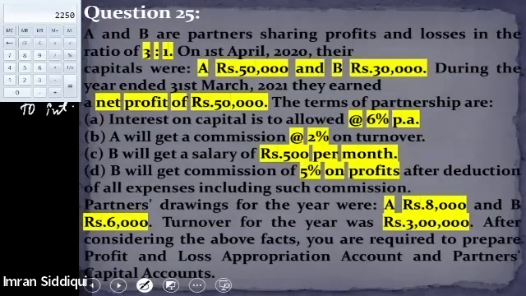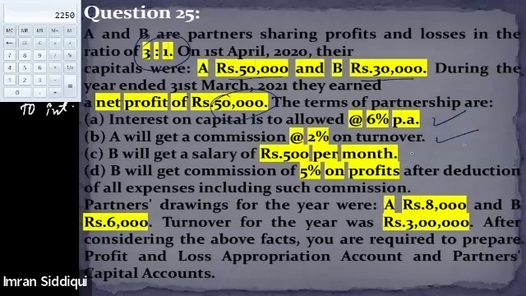Okay, now let's start with question number one. Question number 25. It says A and B are partners sharing profit and loss in the ratio of 3:1. Their opening capital balances are: for A it is 50,000, for B it is 30,000. Net profit for the year is 50,000. The terms of partnership are: interest on capital to be allowed at 6%. A will get a commission of 2% on turnover. Turnover means total sales.